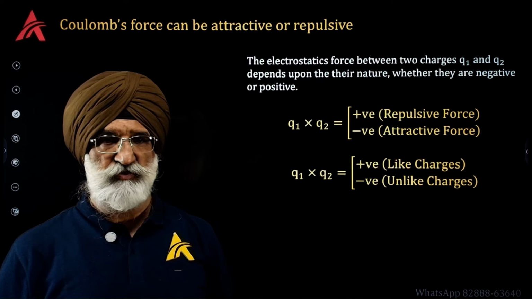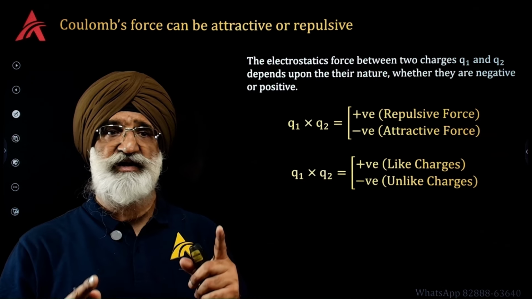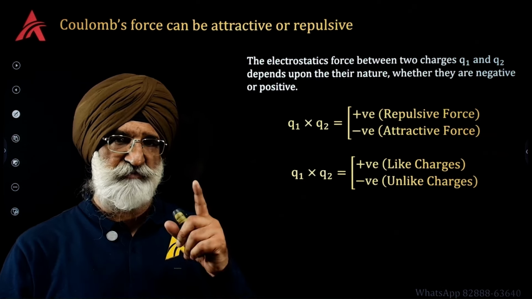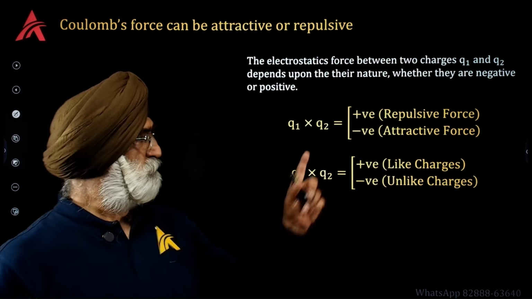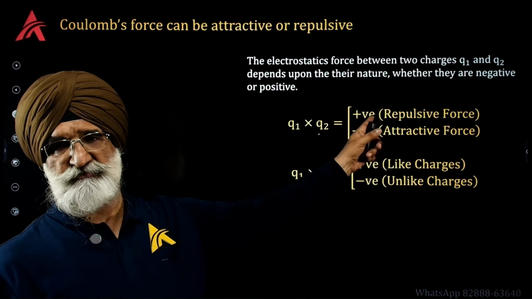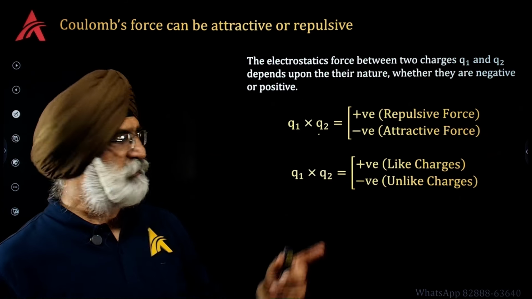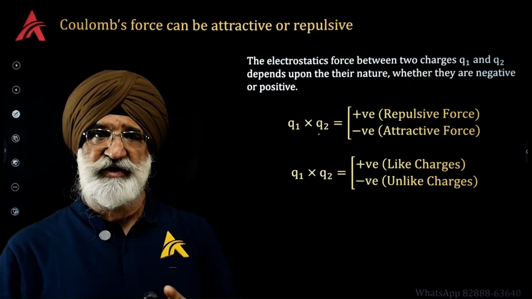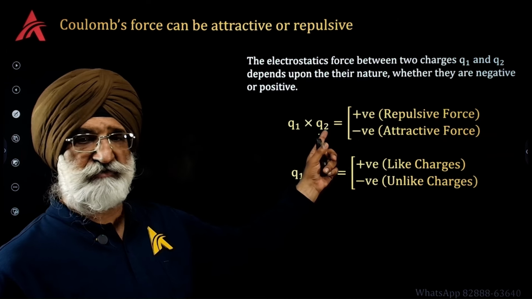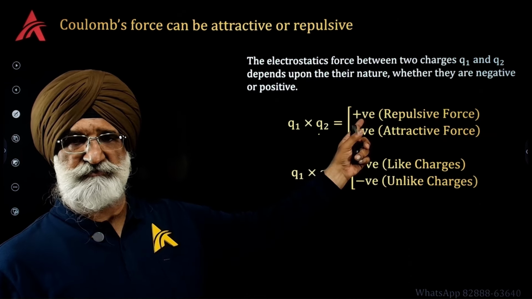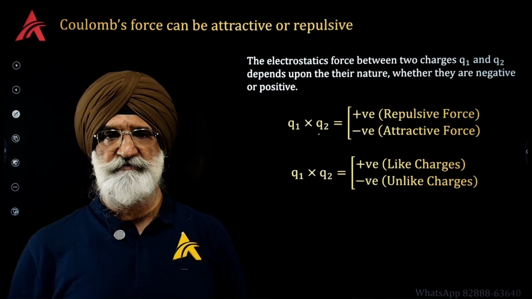Now, why is it so? If the two charges are like charges, one positive, the other also positive, positive into positive will be positive. Then they will repel each other because both are like charges. If both the charges are negative, negative into negative will again be positive. That means again it will be repulsive.